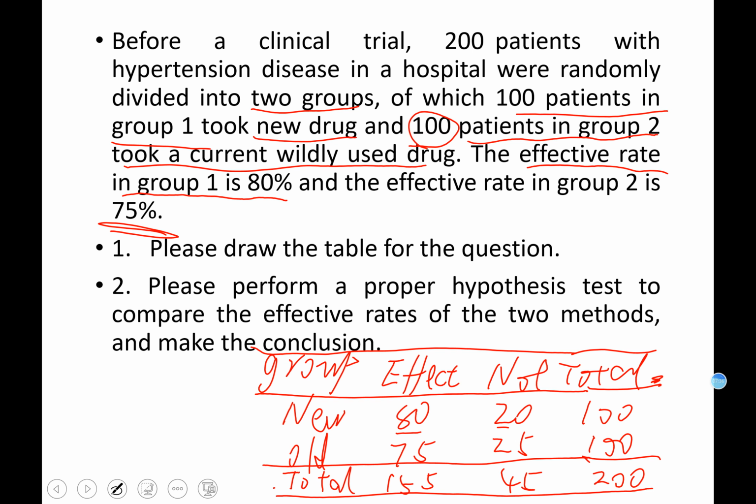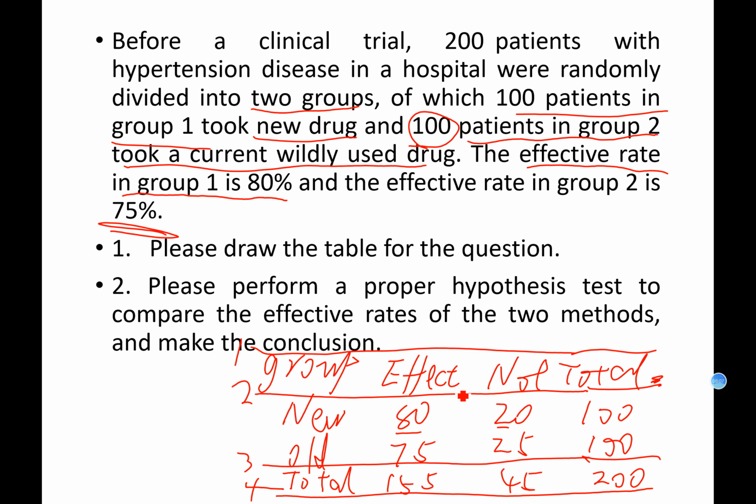We can find that in this table, we have 4 lines: 1, 2, 3, 4. Only these 4 lines. So this is the contingency table, which is used in medical statistics. Of course, this is the answer to the first question.